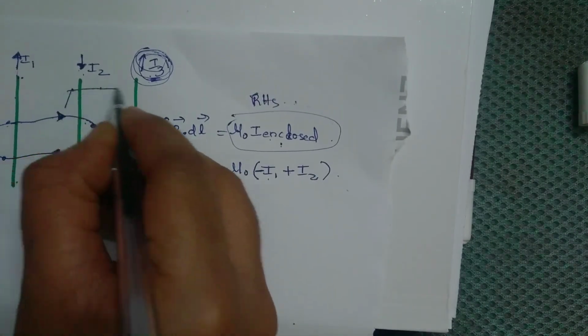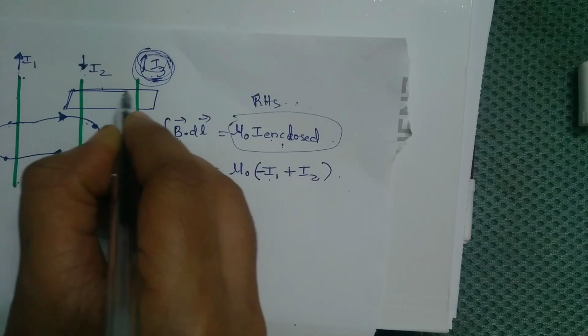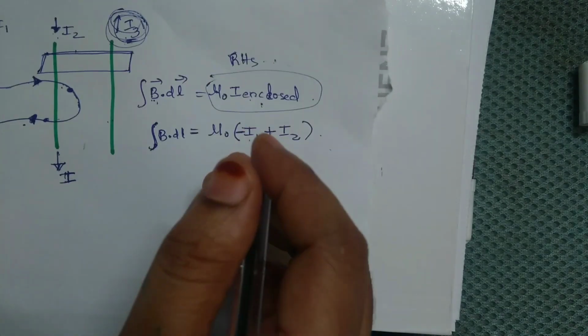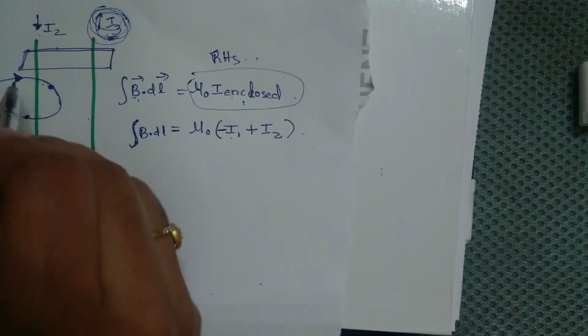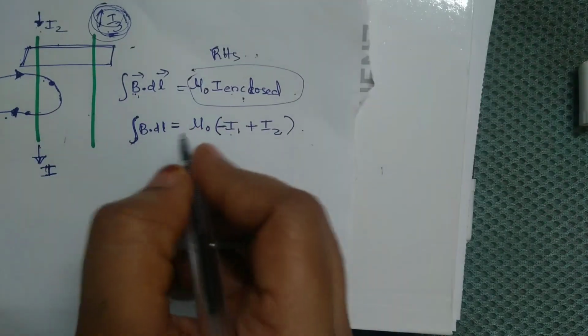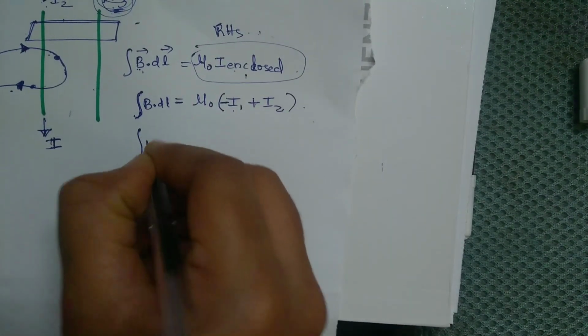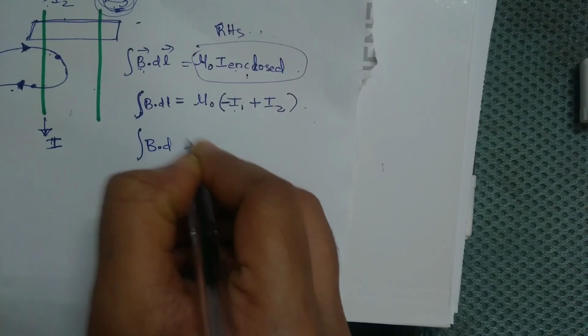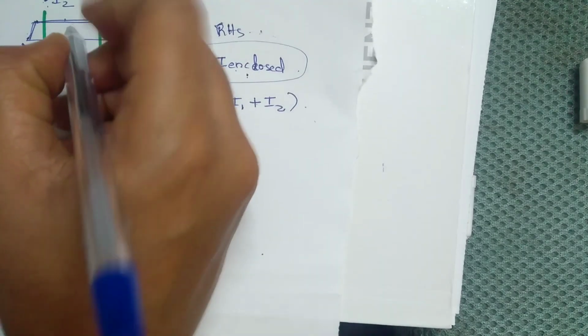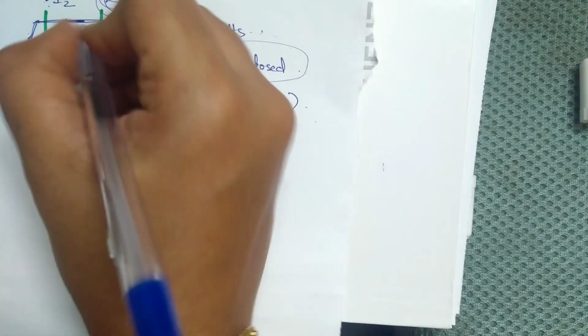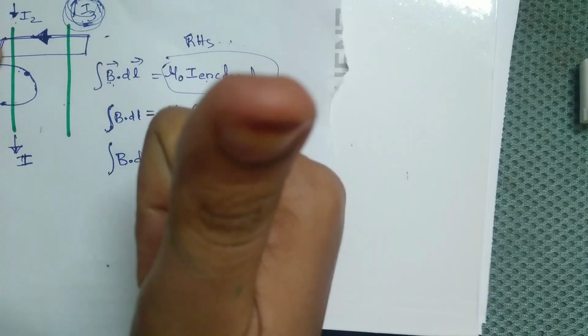Suppose you consider this as your loop now. Can you write the Ampere circuital law for this rectangular loop? For this rectangular loop, B dot dl is equal to, and suppose we are moving anti-clockwise. If we are moving anti-clockwise, you curl your fingers like this and your thumb will point upward.